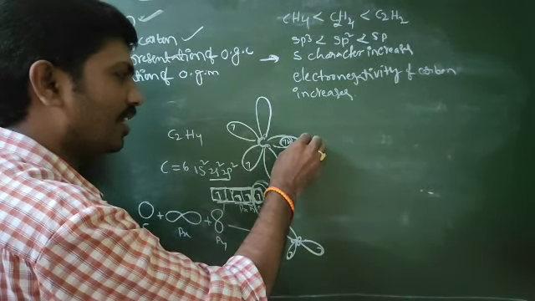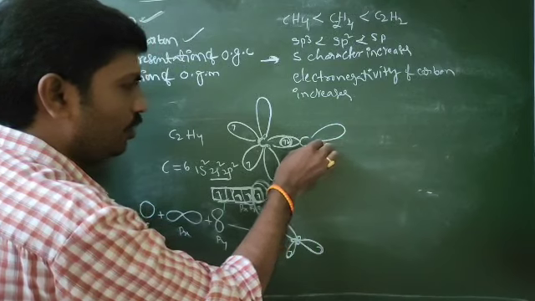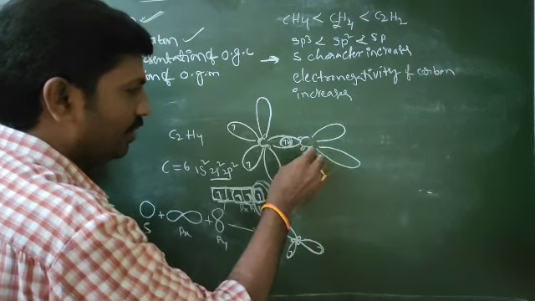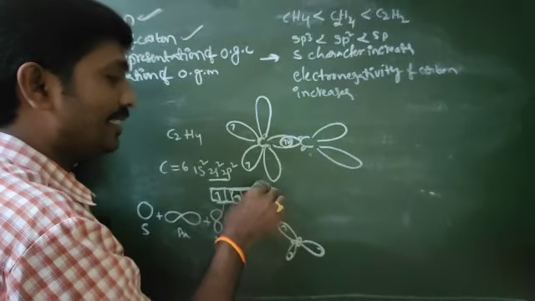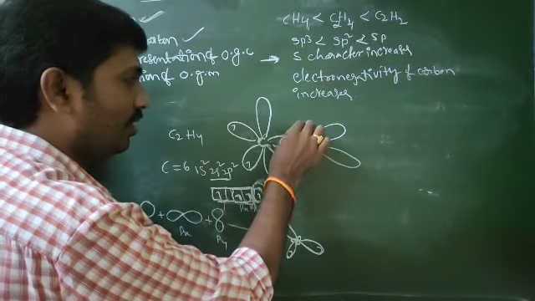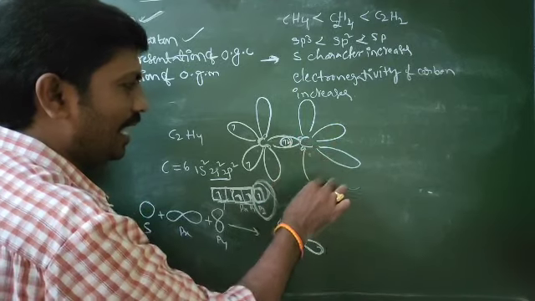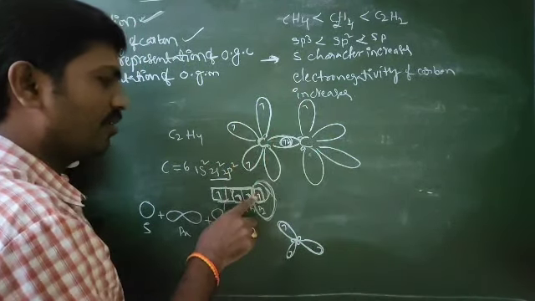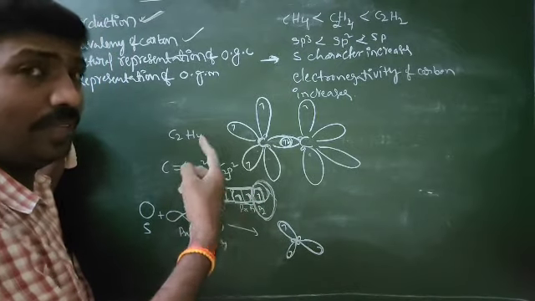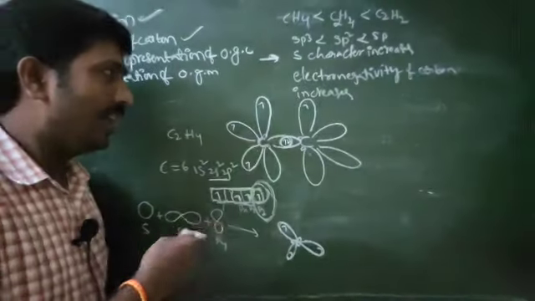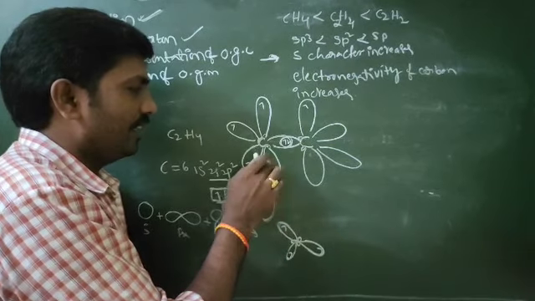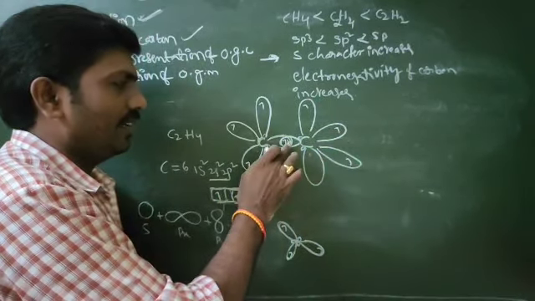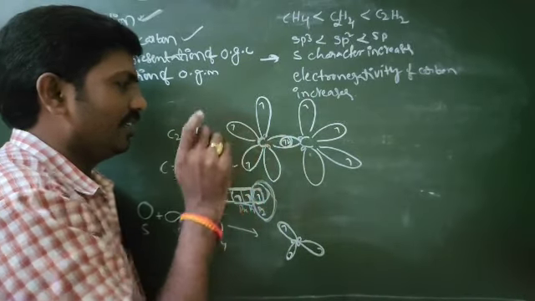That carbon also has one big loop and one small loop on this side, and one small on the other side. One more orbital is there, and we can represent that orbital like this. This orbital also has a single electron, which comes from the s orbital. So here 3 for this one and 1 more, 4; 3 for this one, and here 1.